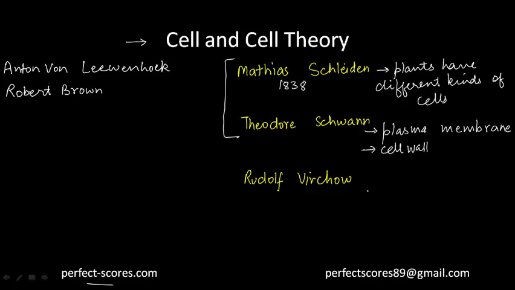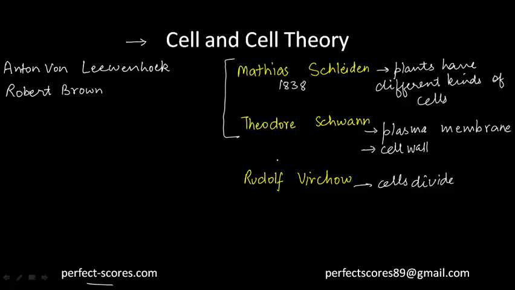Rudolf Virchow first explained that cells divide, and through division they give rise to new cells from pre-existing cells, which in Latin he called omnis cellula e cellula. So he modified the hypothesis given by Schleiden and Schwann, and the new hypothesis containing the points of view of all these three people came to be known as cell theory.